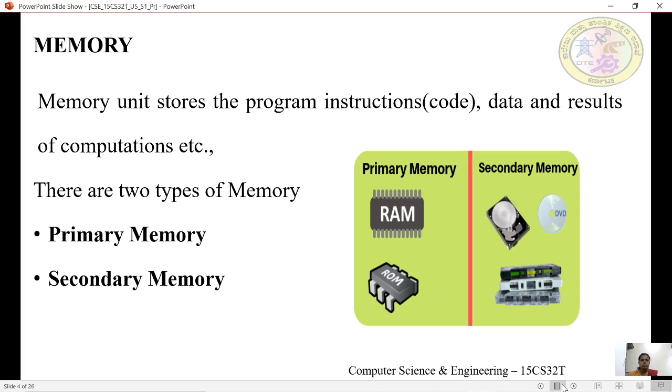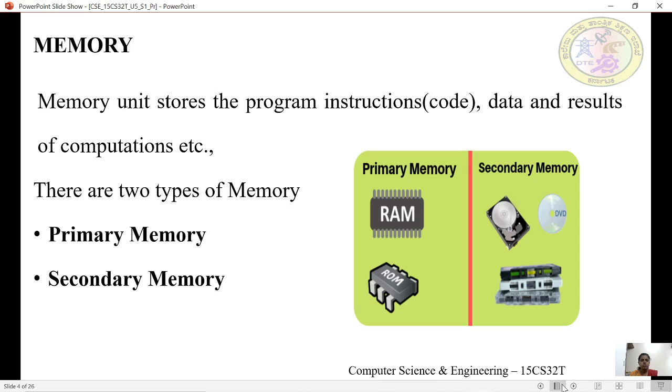So first is the memory. What is memory? Memory is nothing but a storage device, and it is one of the functional units of a computer system. We have already discussed this in the first unit itself.